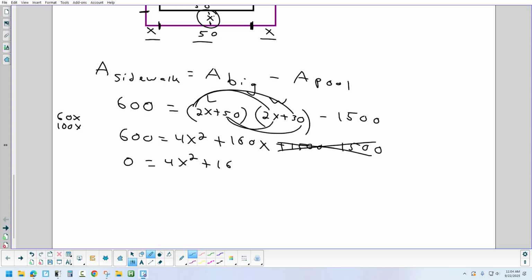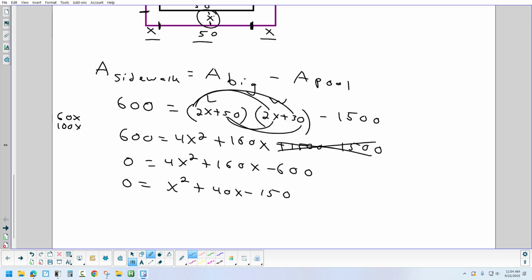And then what could you do with that? Even before, if it was factorable, we would do this. Divide by 4. I divide everything by 4 just to make the numbers a little smaller. It's not factorable, so you don't get a nice answer.